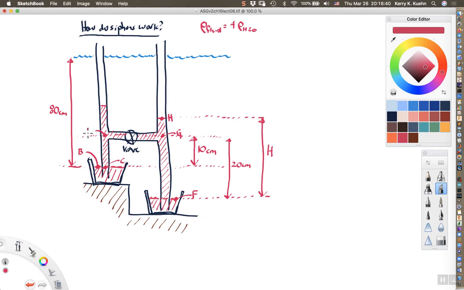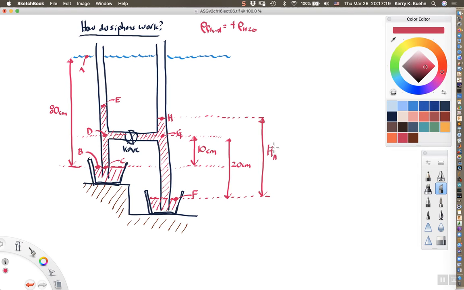And we'll call this point up here point E, and this point up here point A. So in other words, the distance between A and B vertically is 80 centimeters. The distance between G and either B or C is 10 centimeters vertically. The distance between G and F is 20 centimeters. The difference between H and F is what we're trying to find. So this is the height right here of point H.